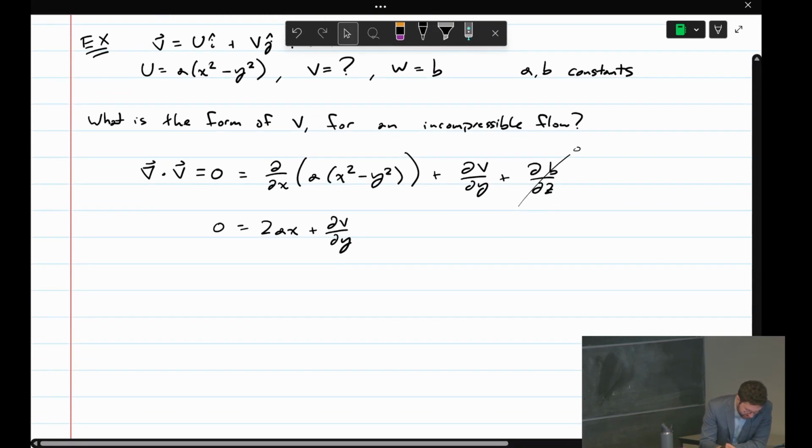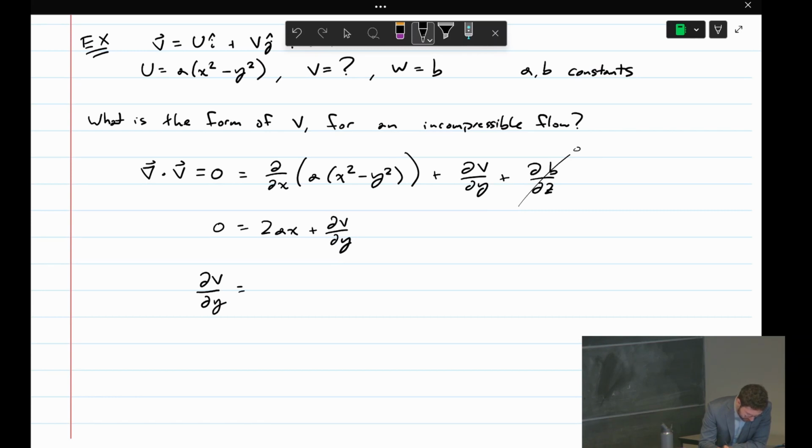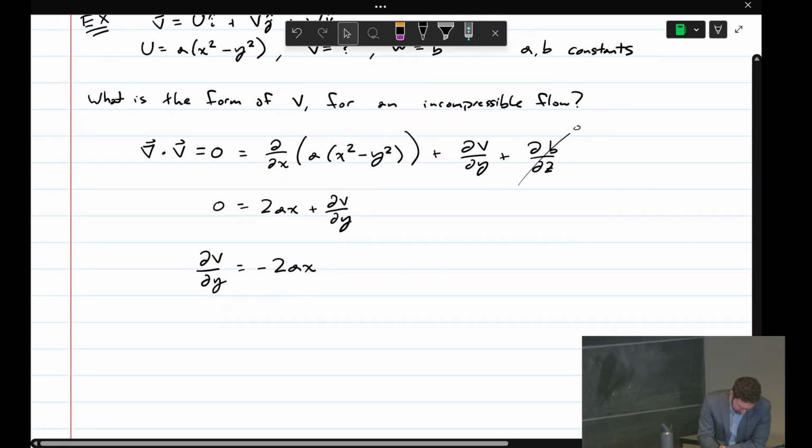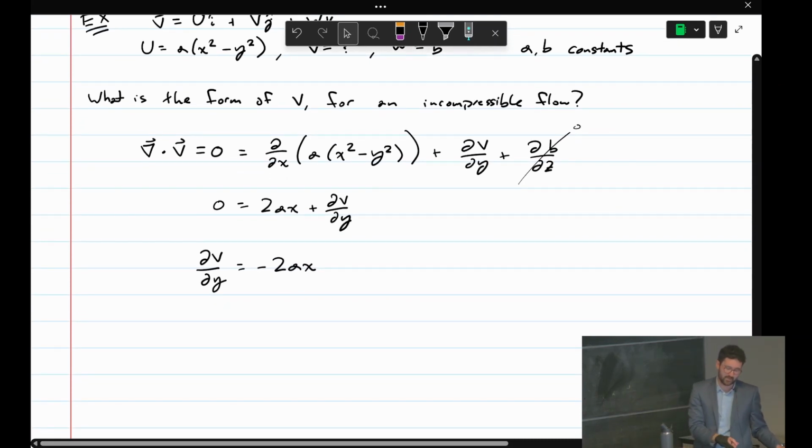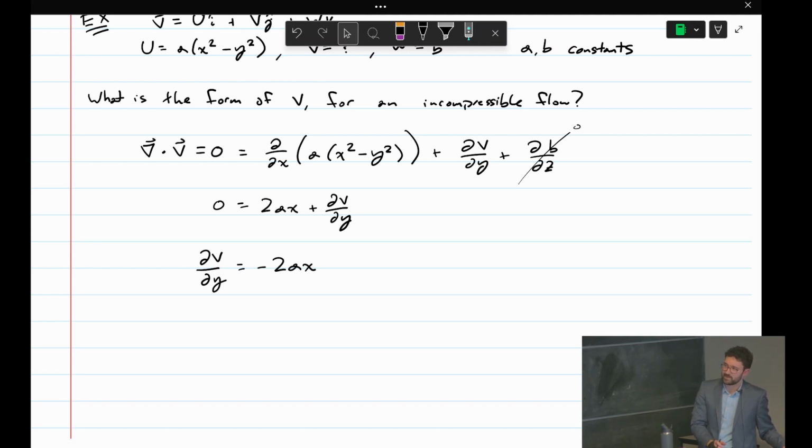Okay? So we rearrange this for partial v partial y. So all we've done is just applied the continuity equation to the velocity vector, leaving our partial v partial y as an unknown. So we know that the partial derivative of whatever v is with respect to y gives us that. So now we integrate this, we integrate a partial derivative.